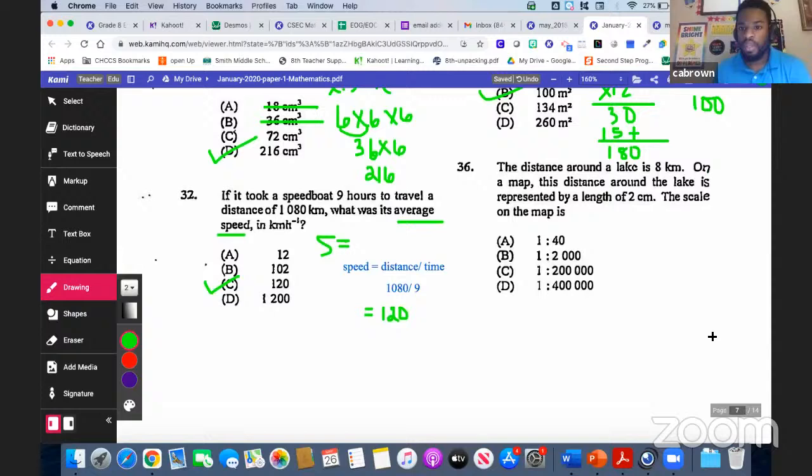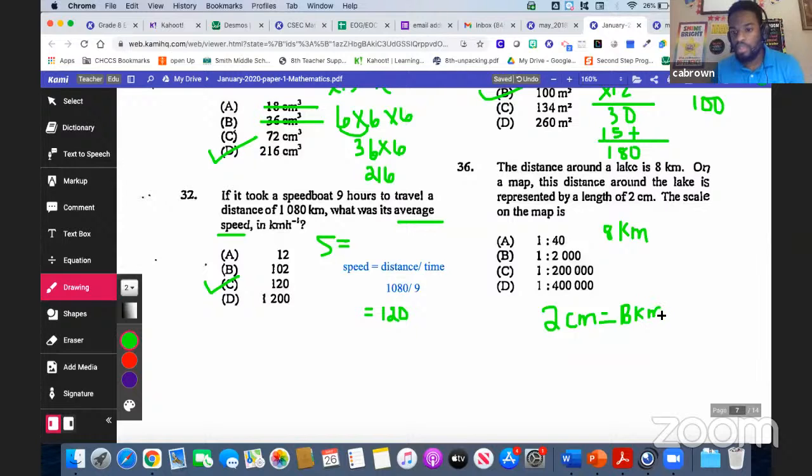36. The distance around a lake is 8 kilometers. On a map, the distance around the lake is represented by 2 centimeters. What is the scale? So pretty much what this question is saying is that 2 centimeters is used to represent 8 kilometers.